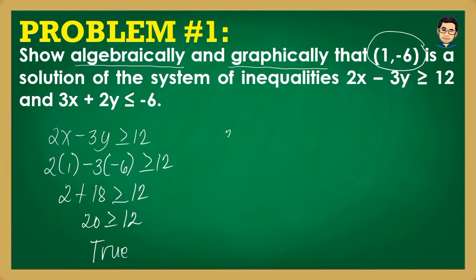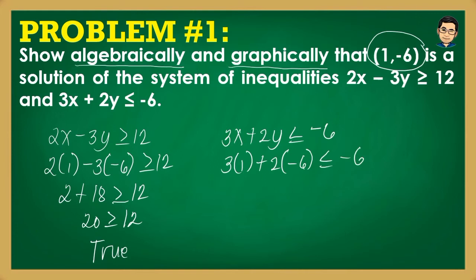Next, 3x plus 2y is less than or equal to negative 6. So again, we substitute (1, -6) to the given inequality. So magiging 3 times 1 plus 2 times negative 6 is less than or equal to negative 6. And then 3 times 1, that is 3.